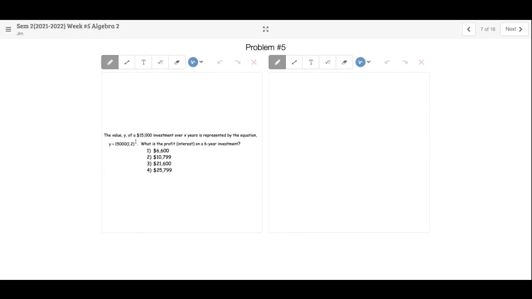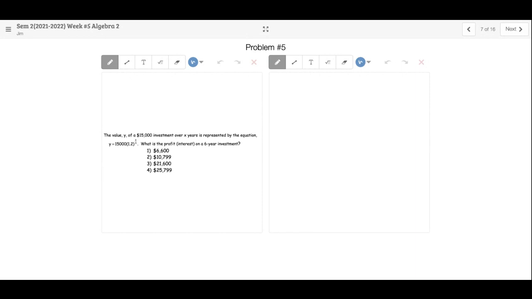So you've invested $15,000. You've got to subtract that off at the end, because profit means how much did you make from that $15,000. So we're going to use the equation to find the value after 6 years, and then we're going to subtract it off from 15,000.